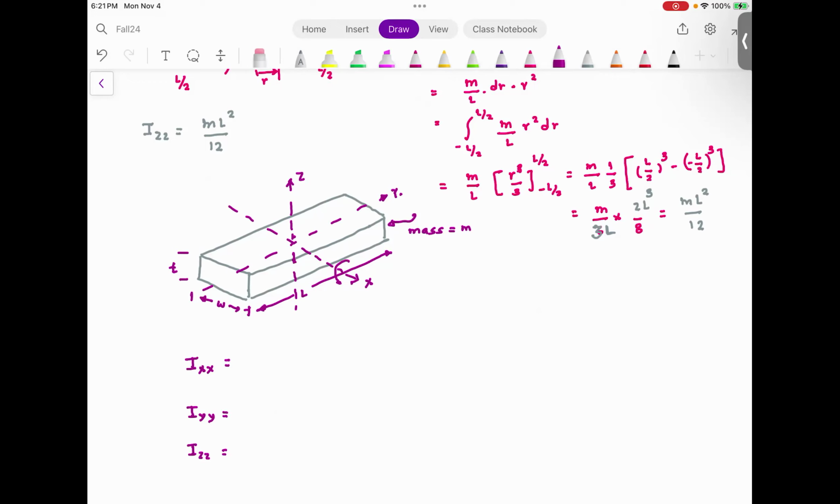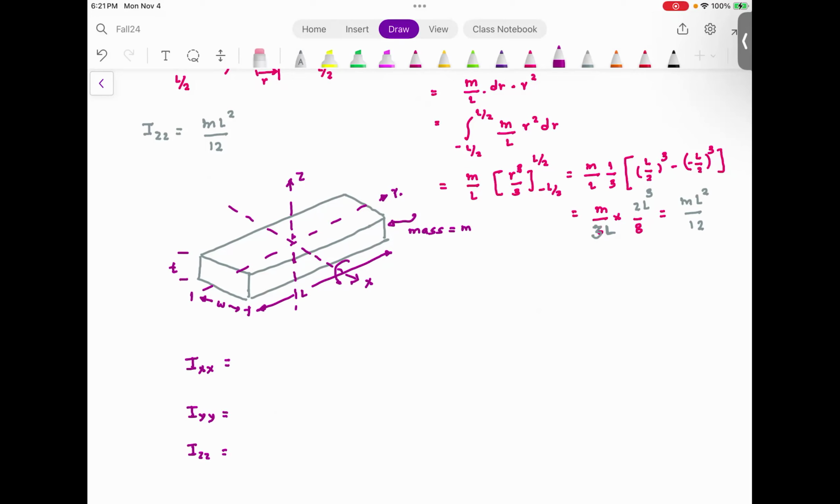Now, what is the physical interpretation of this mass moment of inertia? Inertia means laziness, how lazy one is. Higher mass moment of inertia means it takes more effort, more torque, to get that thing into motion.